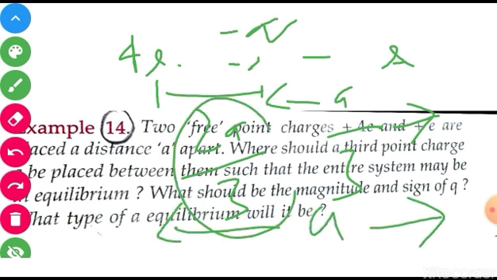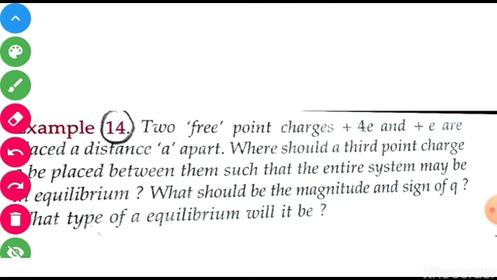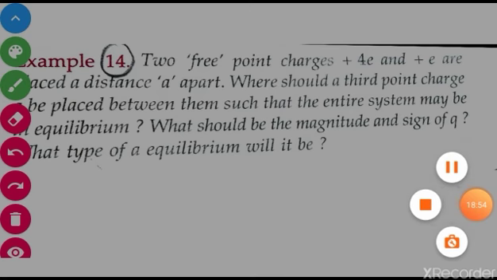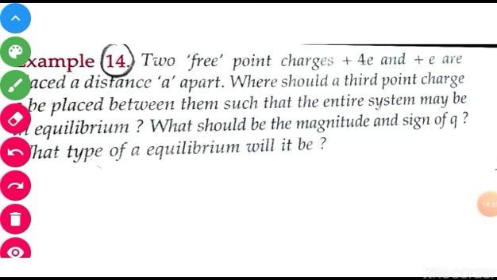Now we have to check the equilibrium here, what type of equilibrium this charge is going to have. In order to check for the equilibrium, we must know the types of equilibrium. So I should revise the types of equilibrium.